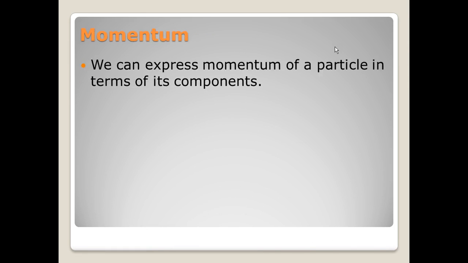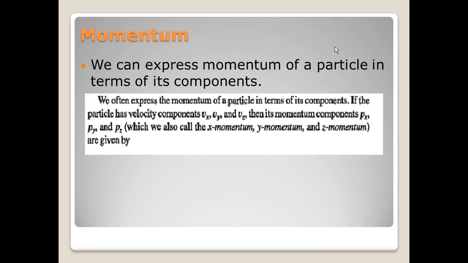We can express the momentum of a particle in terms of its components, since momentum is a vector quantity. Just like any other vector quantity, it could be expressed in terms of its components along x, along y, or if we add another dimension, along z.